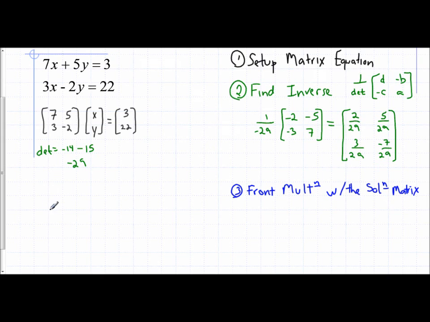And so my variable matrix x, y is equal to my inverse matrix, because that goes in the front.